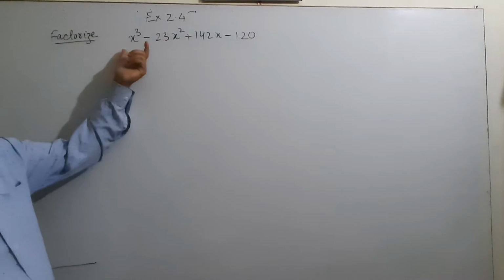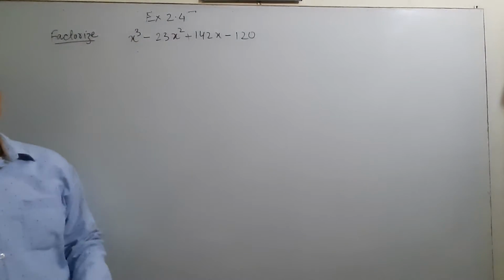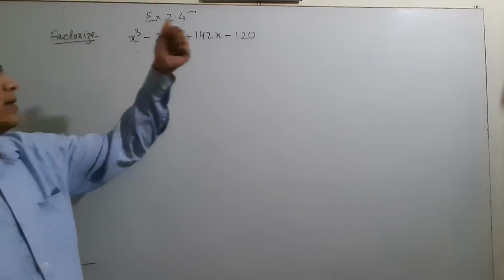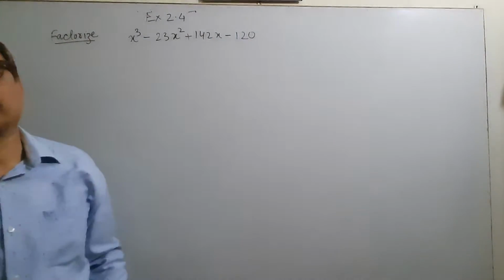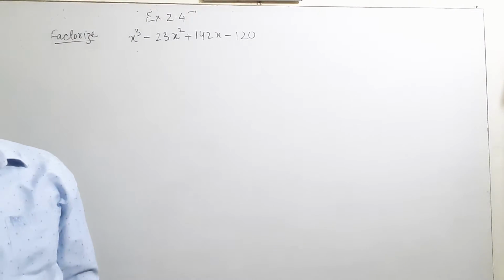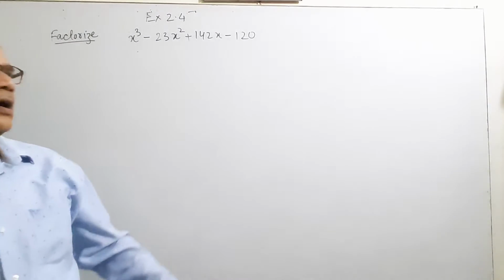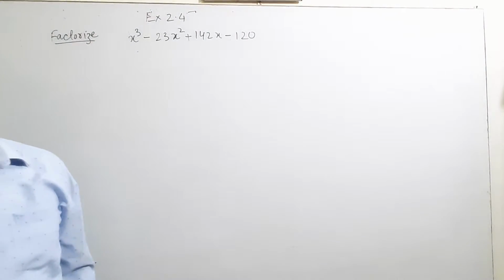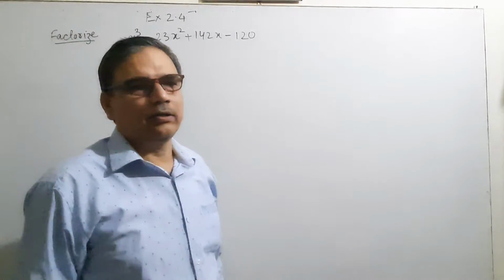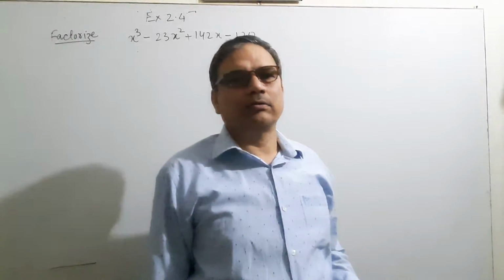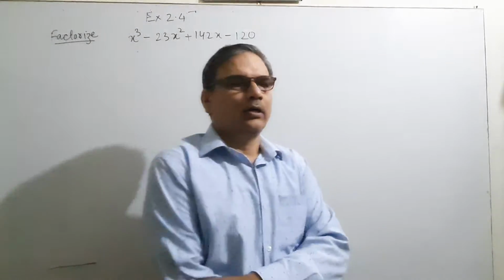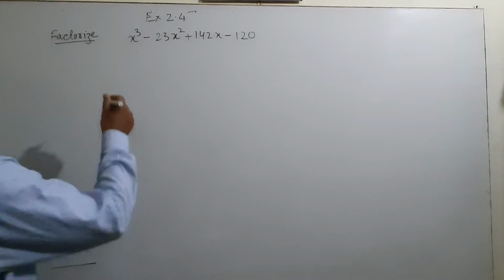First of all, we have to put the polynomial in ascending order and check the last term which is the constant, 120, and we have to find the factors of 120. The factors will be taken both positive and negative. That means we have to write all factors of 120.